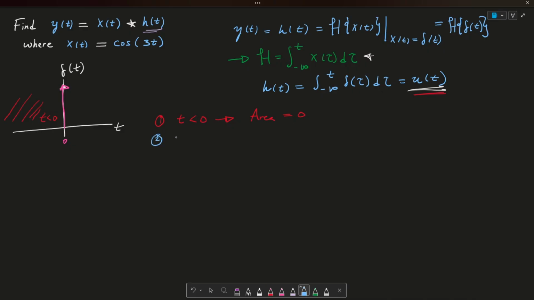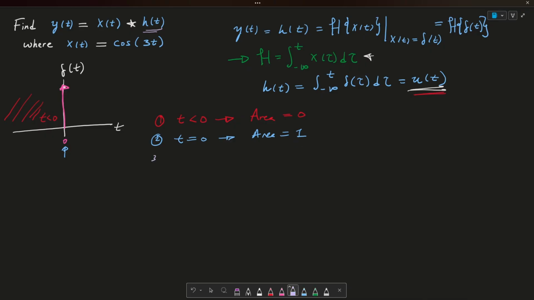Now the second case is when we consider t equated to 0. We say that the impulse, because it's this special function, has contributed a total area equated to 1. So essentially at this exact point 0, this function delta t has an area equated to 1.